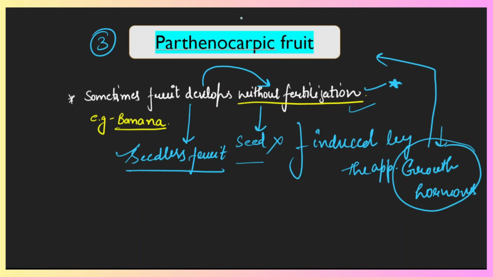A very important example is the banana fruit, which is a parthenocarpic fruit, formed or developed without fertilization. That's why this is a seedless fruit. The example is also very important. I hope all these terms are clear to you all.